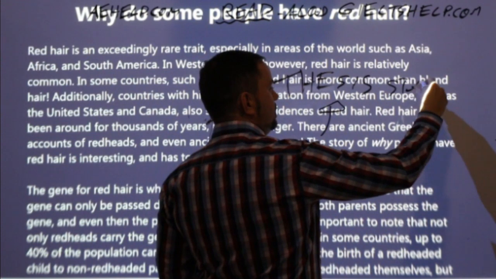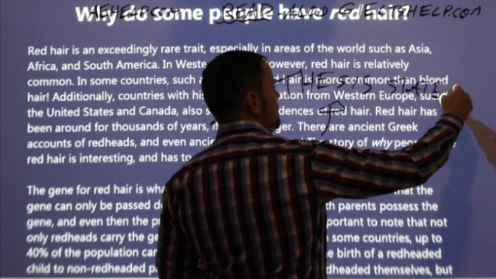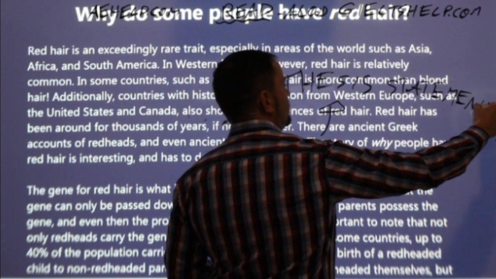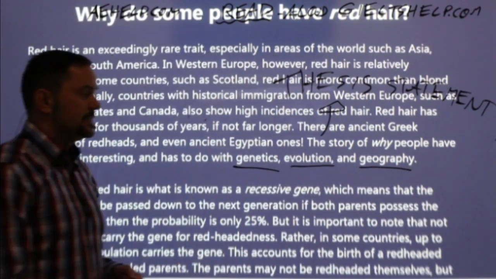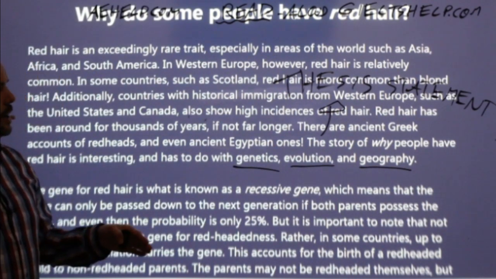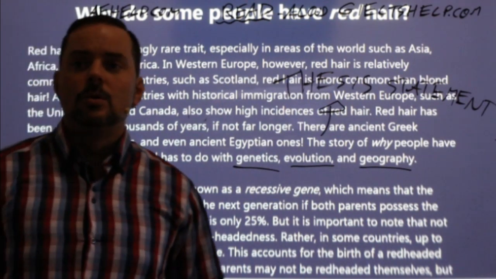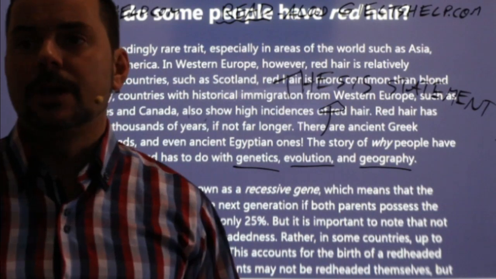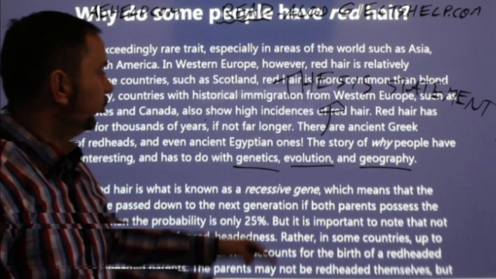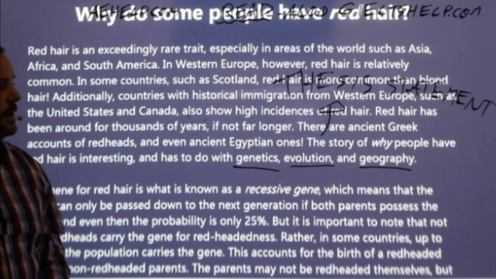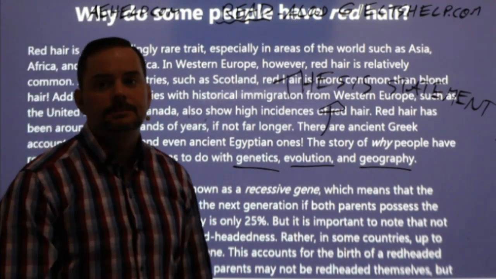And the IELTS people are very good at writing accurate thesis statements. So what do you think body paragraph 1 will be about? Okay. So according to this thesis statement, what is body paragraph 1 going to be about?